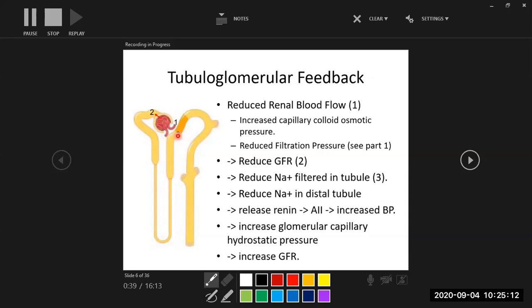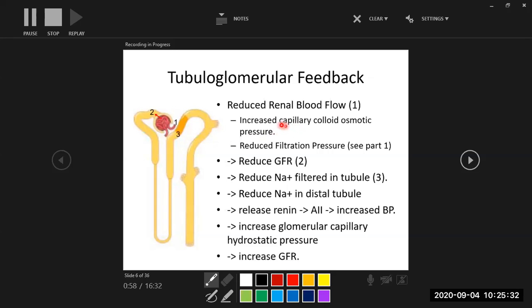If the sodium level is too low, it will think that the GFR is too low. We need to increase the GFR a little bit, and by doing so, it will trigger the RAAS to cause higher blood pressure.